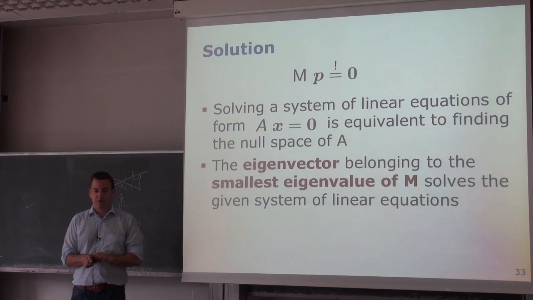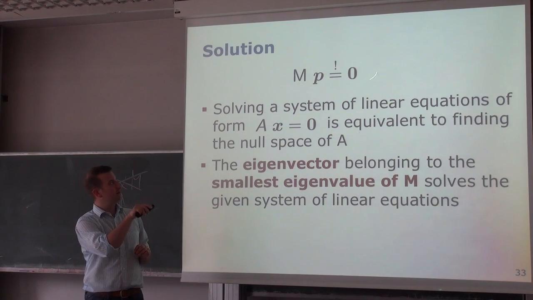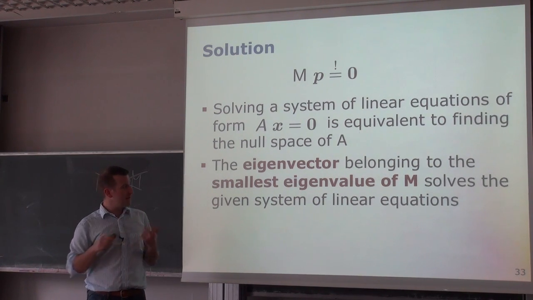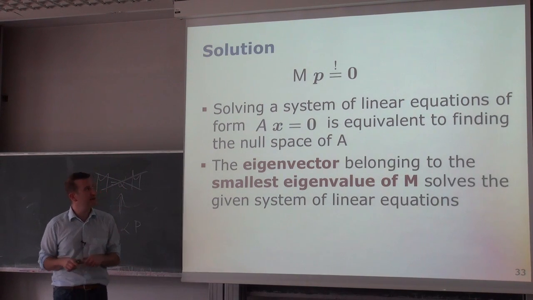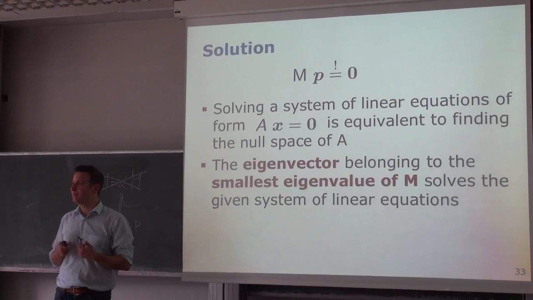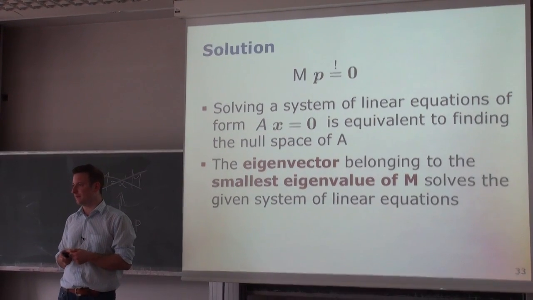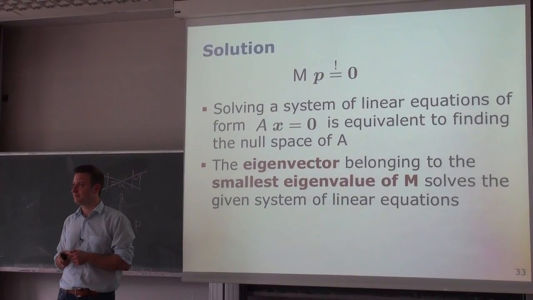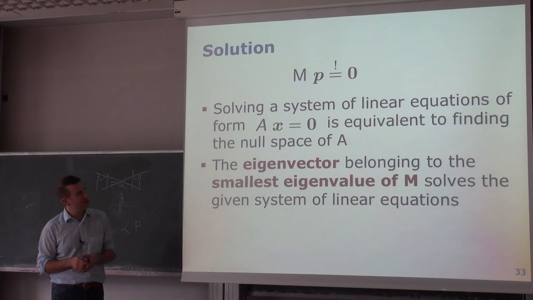Okay, so how do we solve the system of linear equations to actually minimize the squared error? For that, we can treat it as an eigenvector and eigenvalue problem and then use SVD in order to solve that. Something you should have seen before.